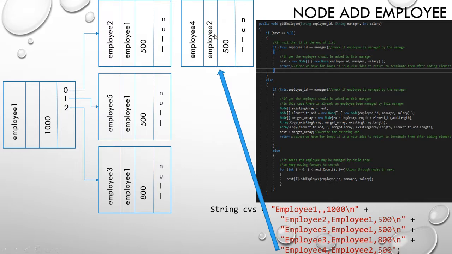But here you can visualize 2 is over here, but the program has to use computational means to locate the right node. So in order to do that, we have found that our next is not null. Again, we have found that this employee is not managed by this, so we jumped into the else part.